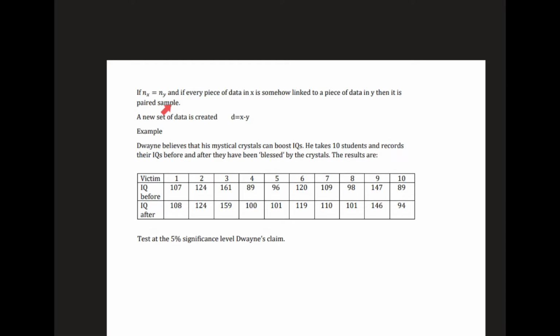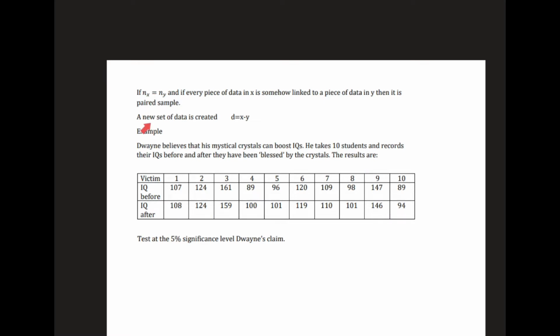Okay, so they are linked. For example, x is IQ before and y is IQ after you use the crystal. So that is linked together. The data x and data y are linked together. So then we can use paired sample.